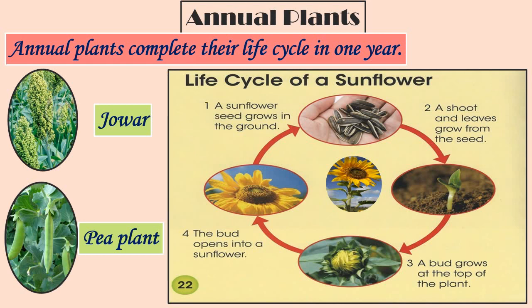As you can see in the picture, life cycle of sunflower plant is shown, which gets completed in 1 year. Jawar plants and pea plants are also annual plants.